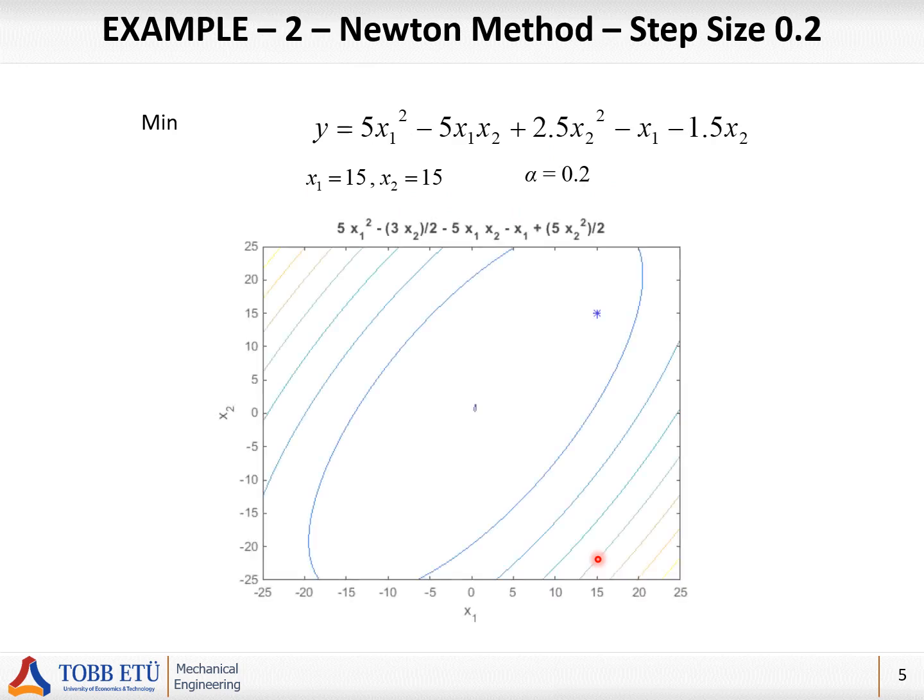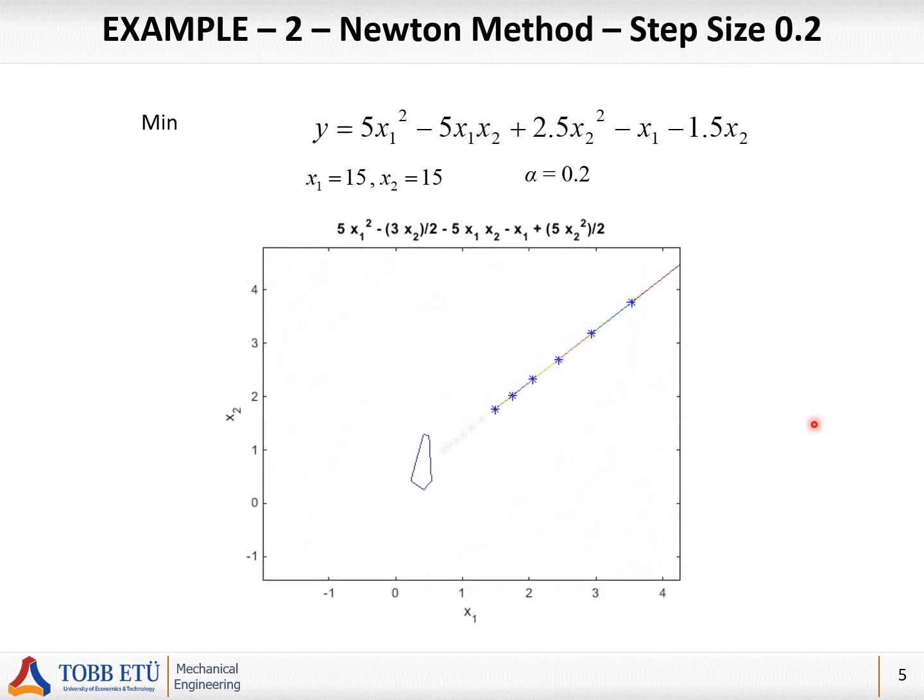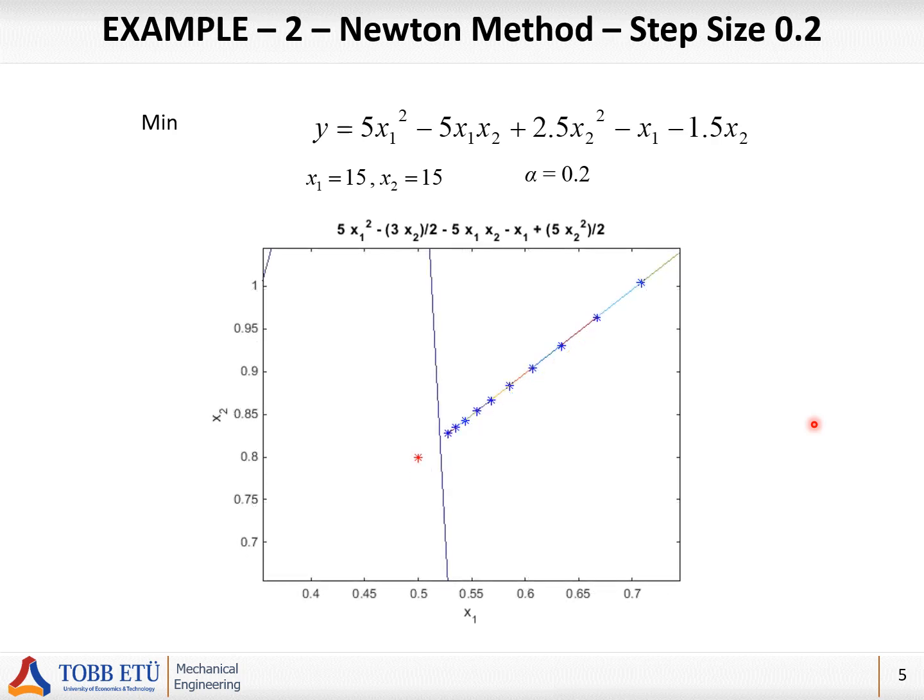Let's check this. We start from 15, 15, and the minimum is here again. As you can see, it goes very well because it's using the second derivative information as well. It goes to the point as expected and finds the solution in 29 iterations. So it doesn't diverge, but this is still too many. Maybe the small step size was the reason.